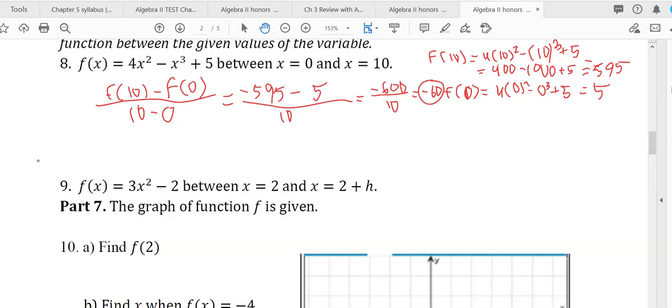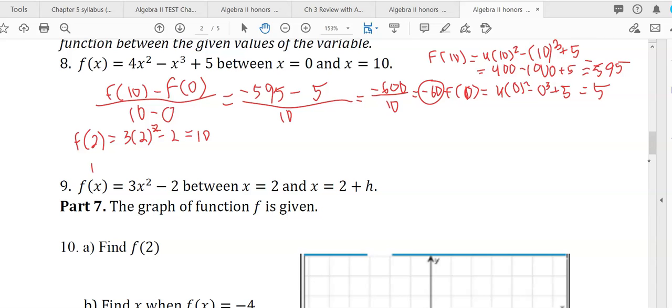So I'm looking at number 9. I'm going to do the work up above. So f of 2 is equal to 3 times 2 squared minus 2. So 3 times 4 is 12, minus 2 is 10.